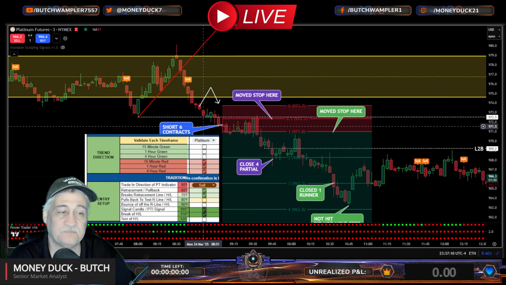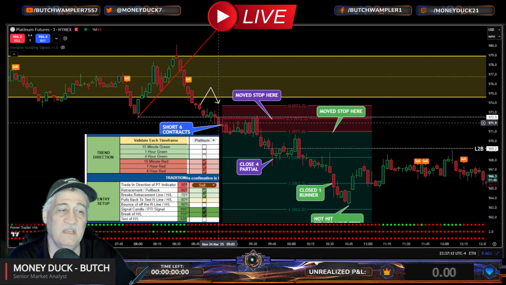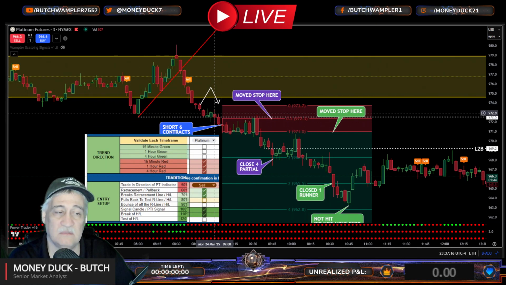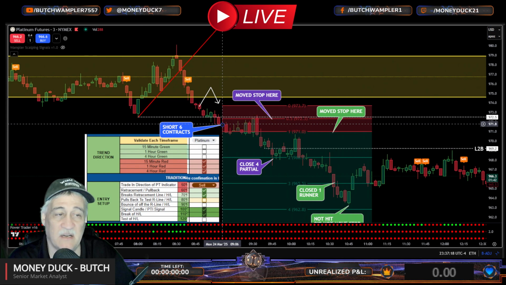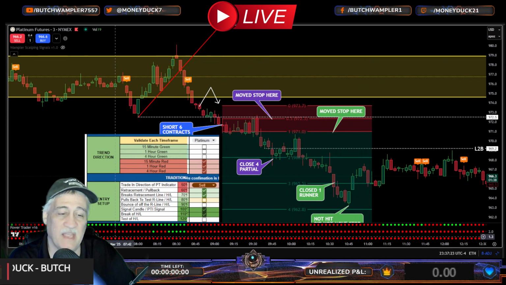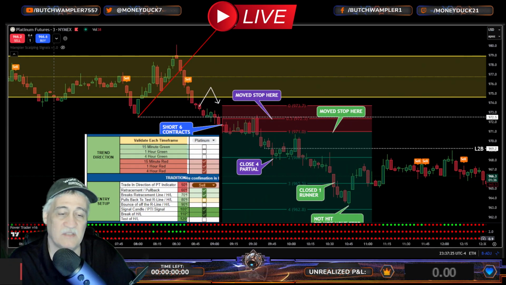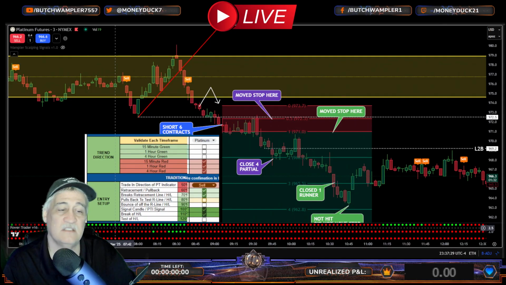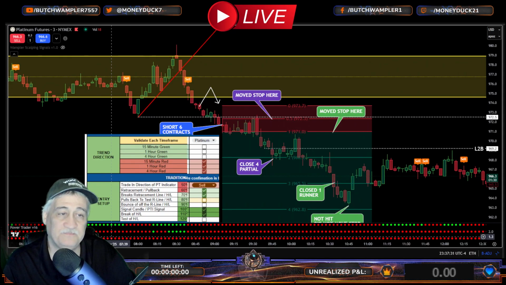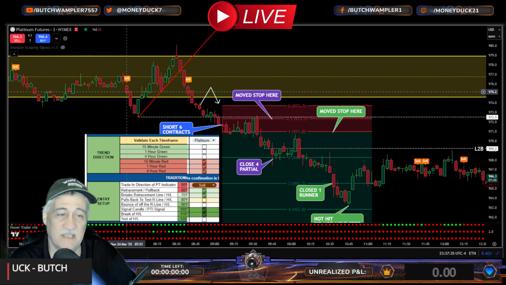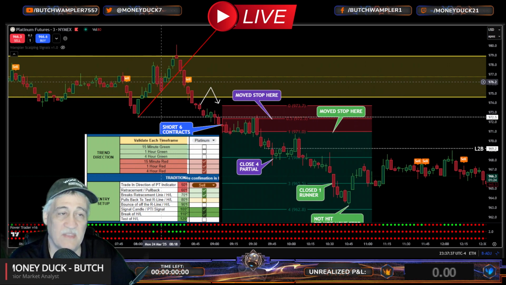Okay, so basically on this one, before it got over here, everything had been red, right? Everything's red over here, went green for a little bit, went back to red. So everything's been red. We had a pullback. We had a sell signal here, dropped a little, and then pulled back.